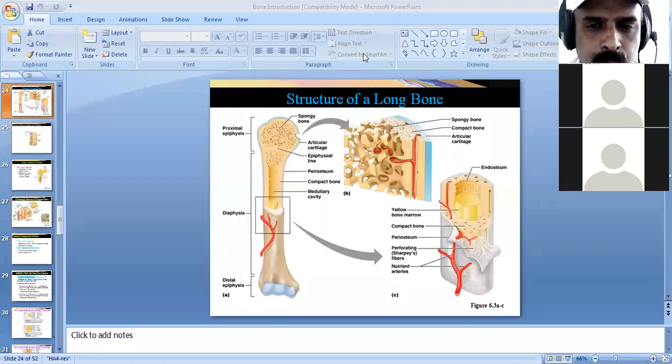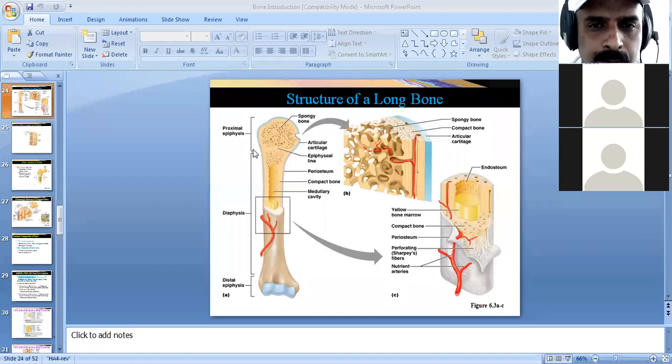Next, when we take the long bone, it consists of the parts of the young bone. When the bone is developing, when it has not completed its ossification, you have the parts of the young bone like epiphysis, diaphysis and metaphysis.